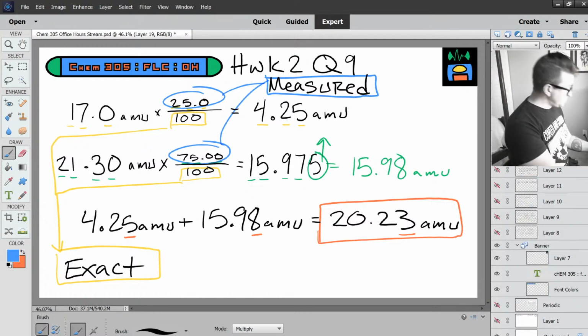Susan, great question. 25% has 2 sig figs, but 25.0% has 3 sig figs, and 75.00% has 4 sig figs.